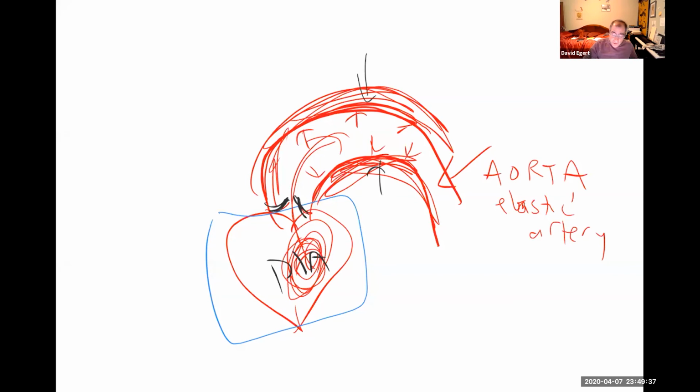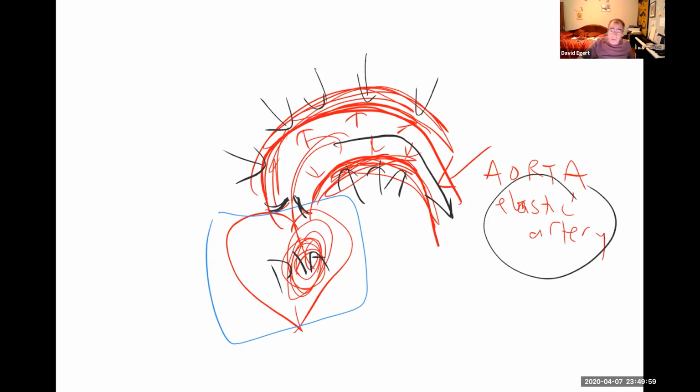And now this compresses down, and that's going to keep the blood moving forward by having that pressure from the large elastic arteries recompressing as the heart is now relaxed. So that is these elastic arteries. The pulmonary trunk is also an elastic artery.